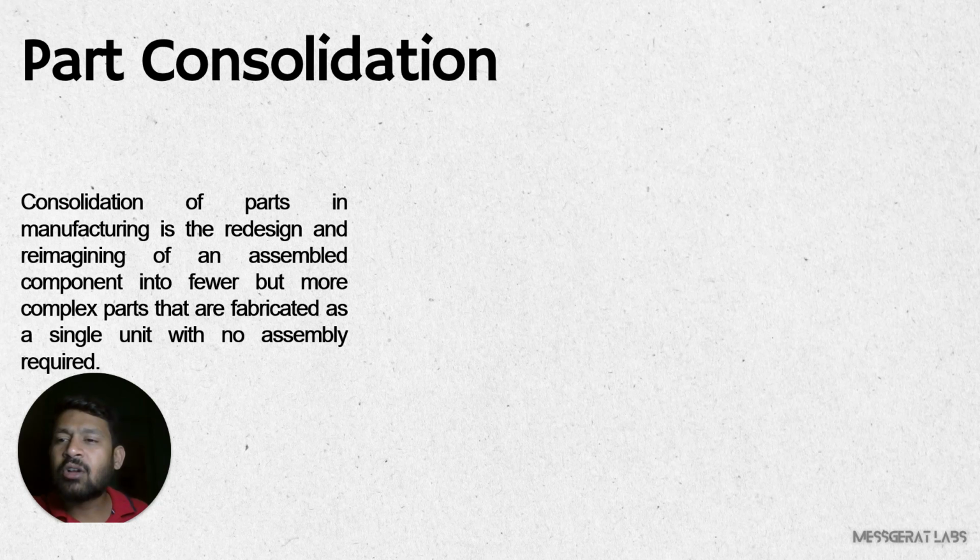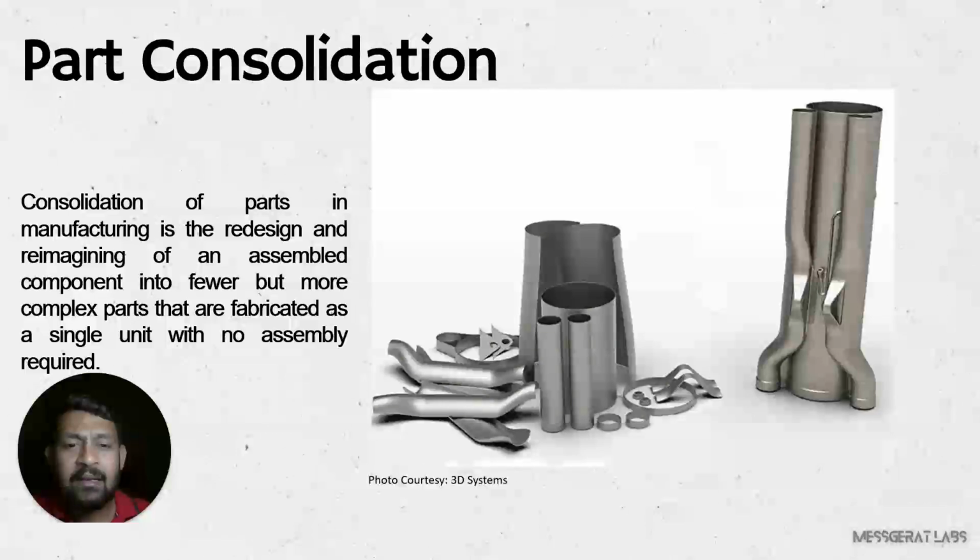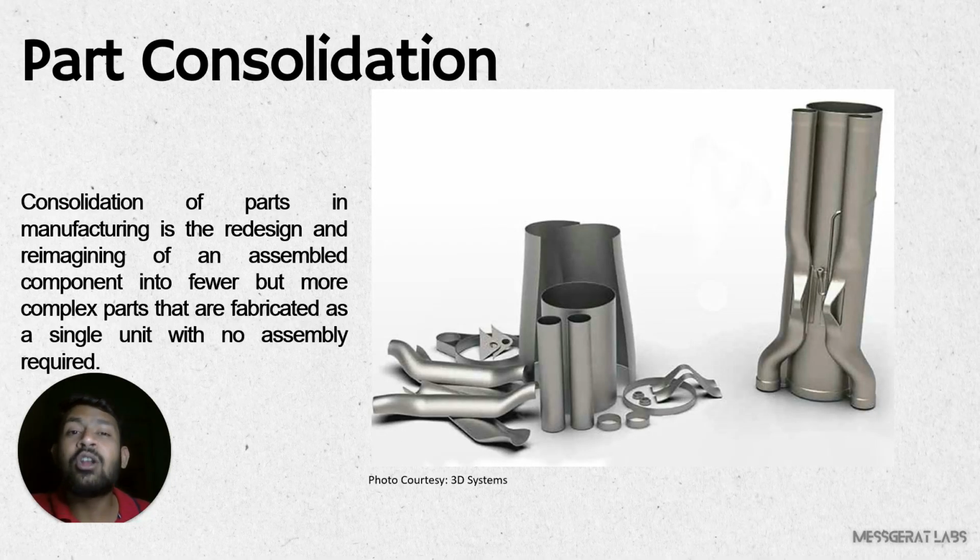Then we talk about part consolidation. Part consolidation is basically redesigning and reimagining the assembly of the component. What is your objective here? The objective is to reduce the total number of components in an assembly by seeing if you can eliminate joints such as bolting, welding, threading, or any other kind of joints. If you can eliminate them, then you can consolidate multiple parts and print them as a single structure in 3D printing.